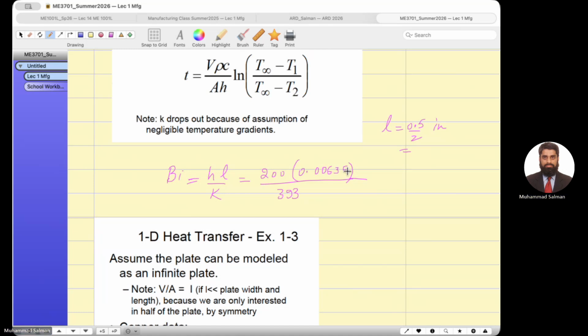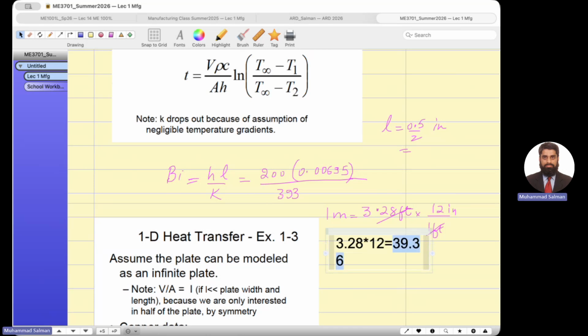0.00635? Because 1 meter is how many inches? 3.28 feet. Agreed? And 1 foot equals 12 inches. So 3.28 times 12 is how many inches in 1 meter, which is 39.36.